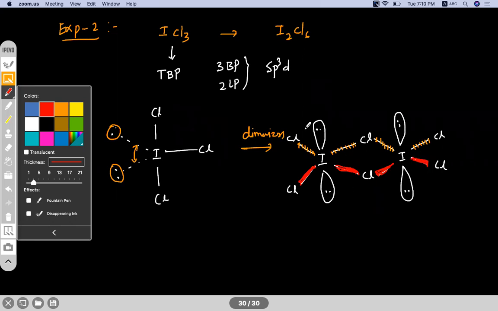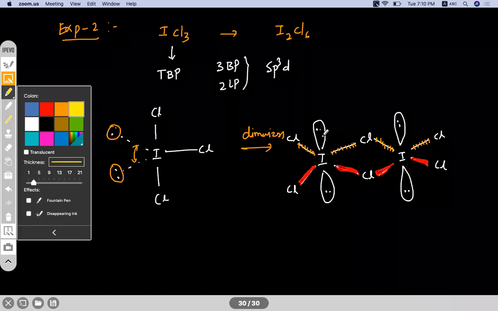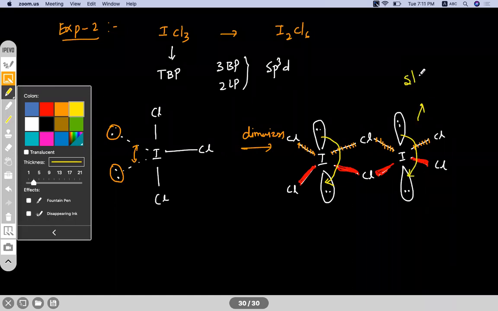And most importantly, these two lone pairs are now at 180 degrees, maximum distance, and hence the stability increases. And that's why it dimerizes. Right, so ICl3 converts into I2Cl6, and BeCl2 converts into Be2Cl4, with three-centered, four-electron bonds.